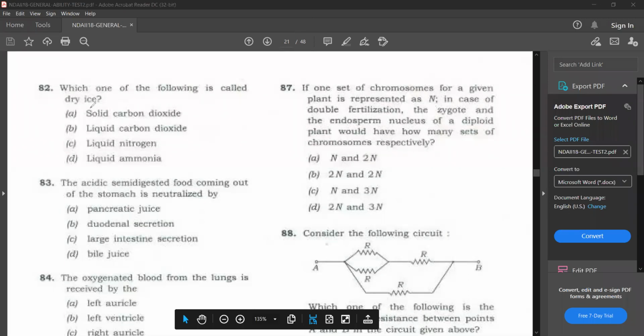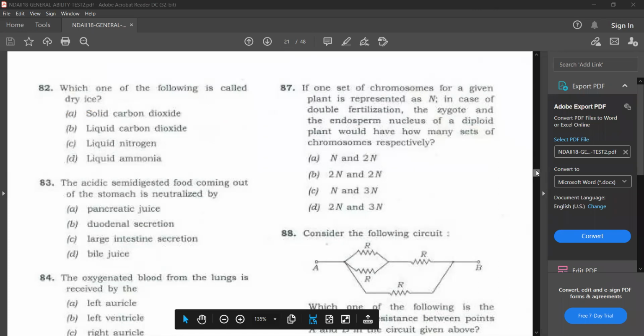Dry ice is nothing but solid carbon dioxide, sometimes also known as card ice. It is used as a refrigerant for ice cream and frozen food. So solid carbon dioxide is known as dry ice.